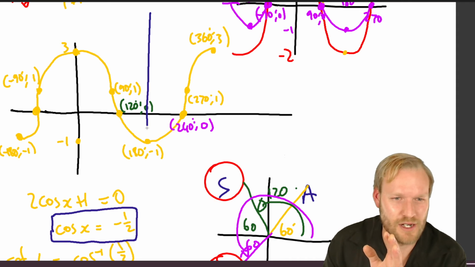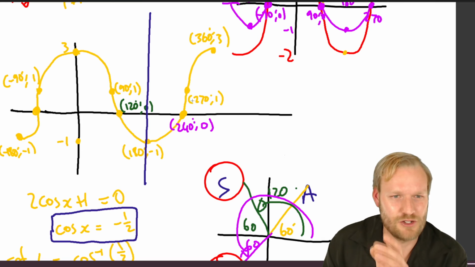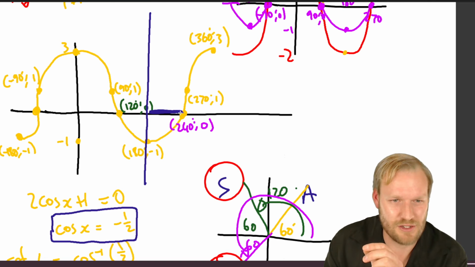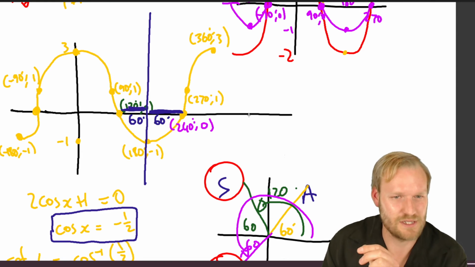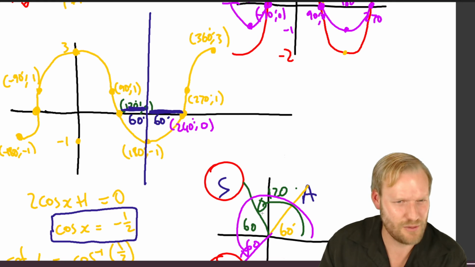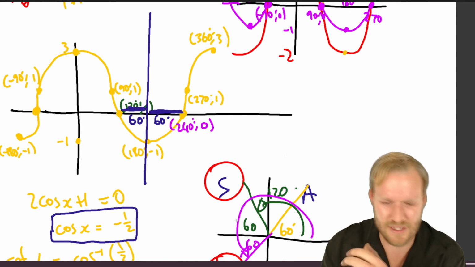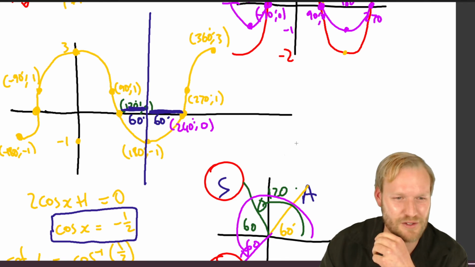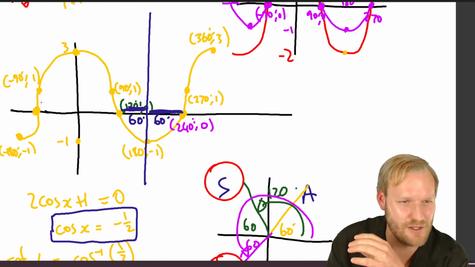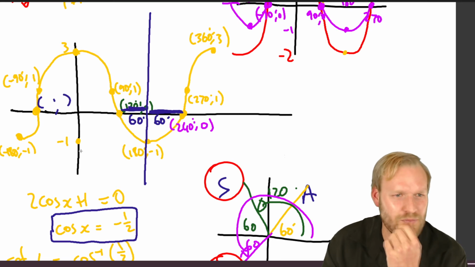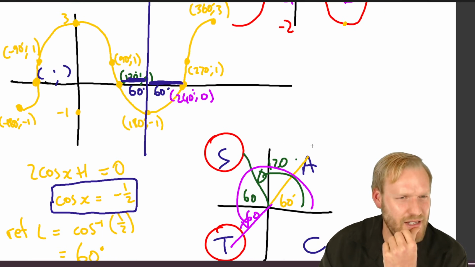If I drew a line down here, this distance over here must be the same as this distance over here. So that was 60 degrees. That's also 60 degrees, which matches our 180 plus and 180 minus. So part of what we want to do with trig is always have the little bits of trig speaking to each other.